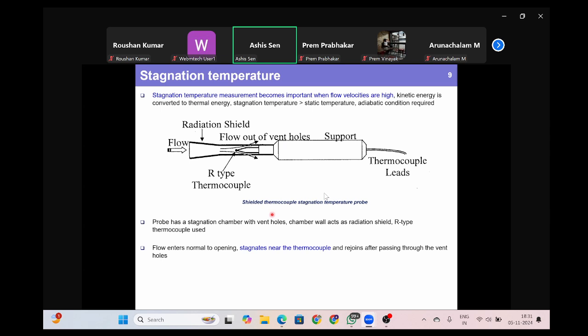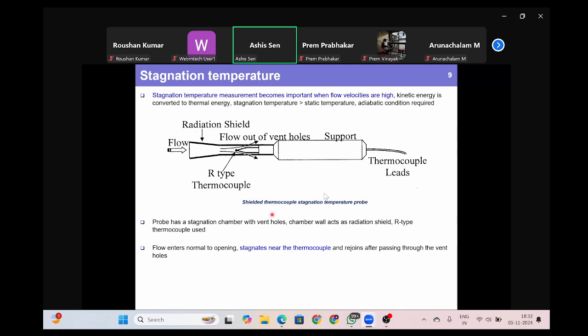So basically, the temperature that you measure in case of a moving fluid is basically the stagnation temperature, not the static temperature. Okay. So stagnation temperature is always greater than the static temperature, because in addition to the thermal energy, kinetic energy of the flow is also converted into the heat energy, right? Thermal energy.